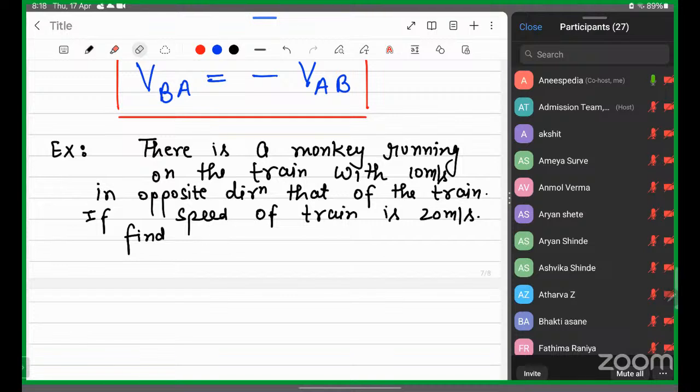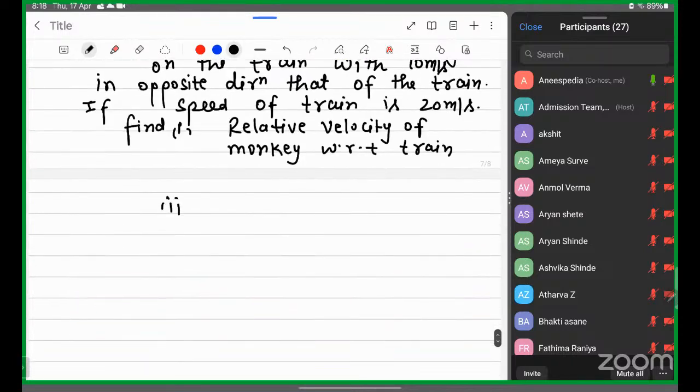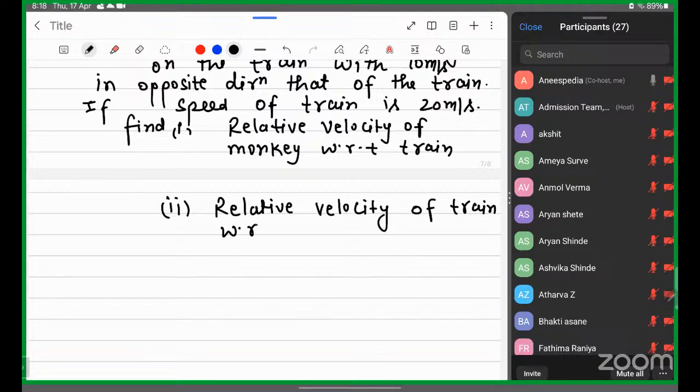Number one, the relative velocity of the monkey with respect to the train, and the relative velocity of the train with respect to the monkey.